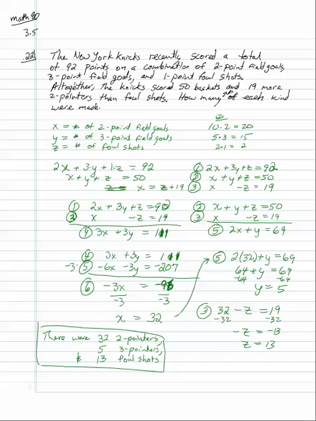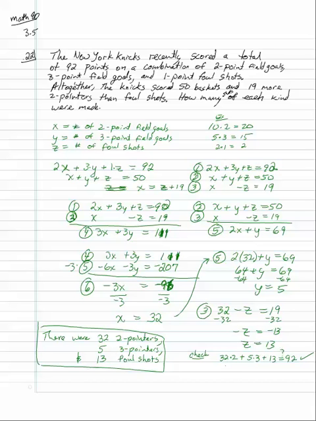And if you just want to do the check, let's just check it in the original. So we've got 32 times 2 plus 5 times 3 plus 13. Does that equal 92 points for the game? So 32 times 2, 64, plus 15 plus 13 equals 92.